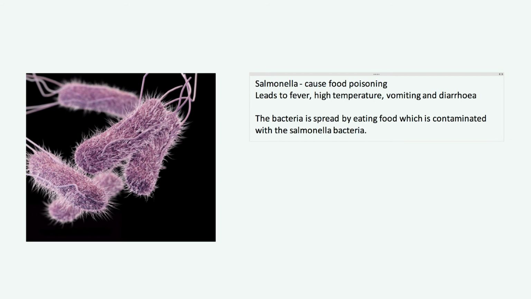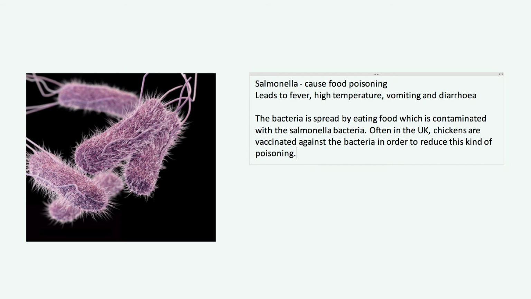Okay, so some food which has either just not been vaccinated or has gone off can contain this Salmonella bacteria, right? Often in the UK now, chickens are vaccinated against the bacteria, in order to reduce this kind of poisoning. Okay, which is obviously a good thing, right?